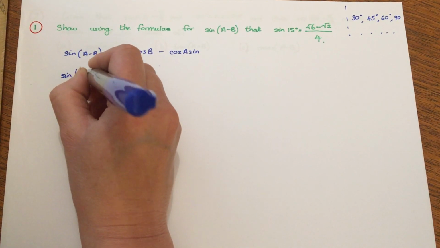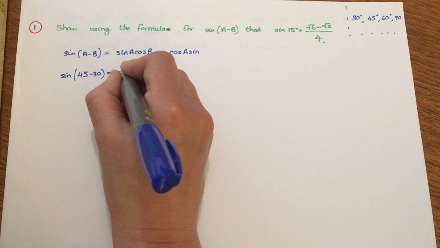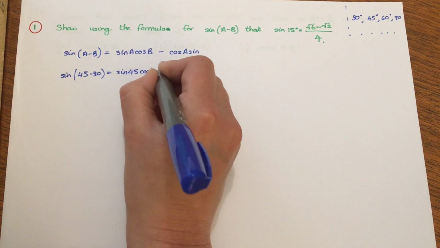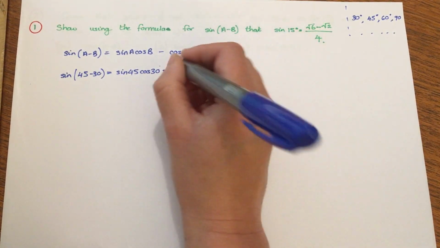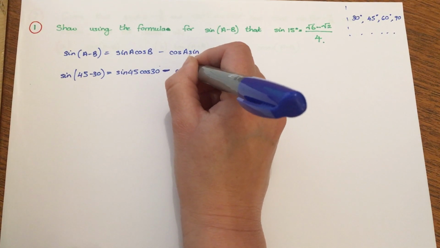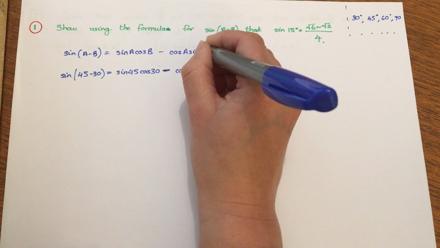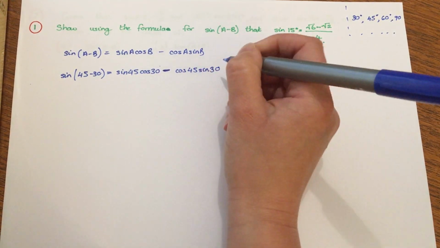So sine of 45 minus 30 is sine 45, cos 30, minus cos 45, sine 30. I put an equals there, and I've missed the B off as well.